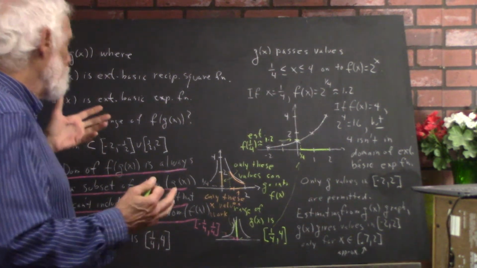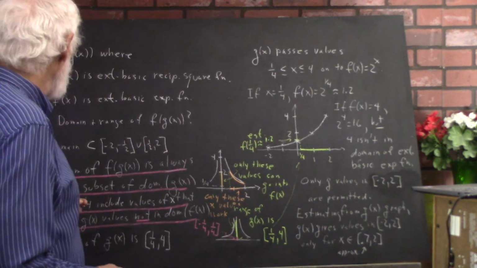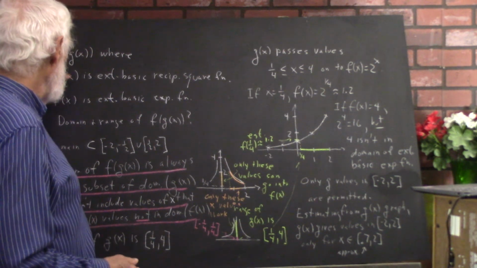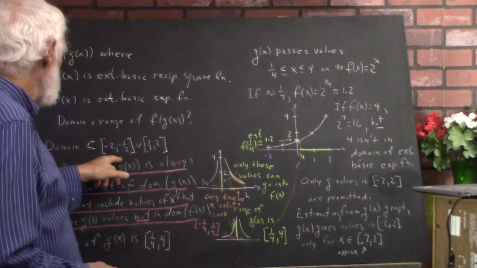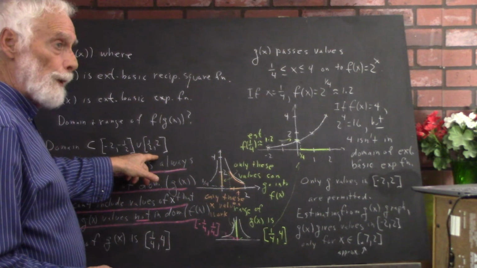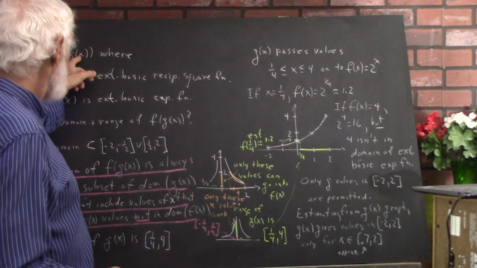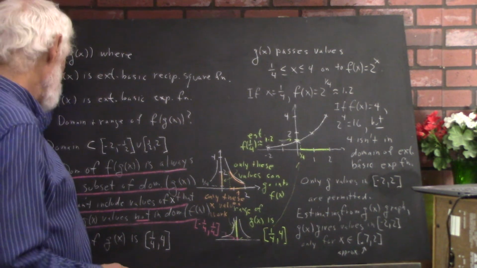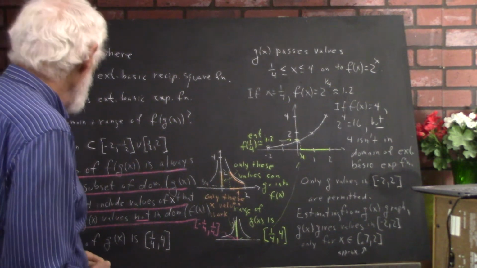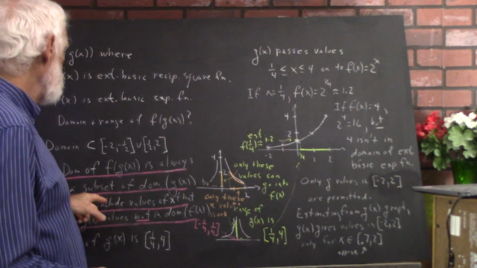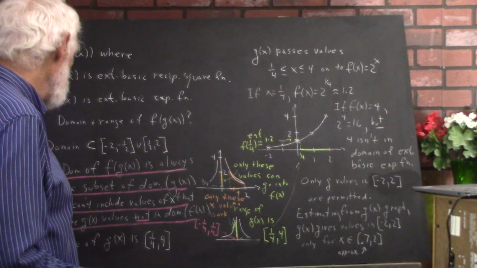I lost my sentence, but I'll repeat. The domain of f of g of x can't include numbers that aren't in the domain of g of x, because the first thing you do with a number x is you do g of x. So the domain of f of g of x is always a subset of the domain of g of x.